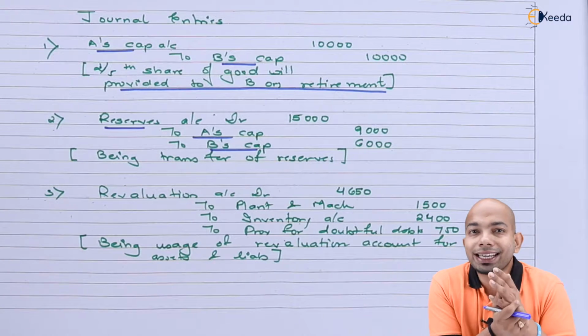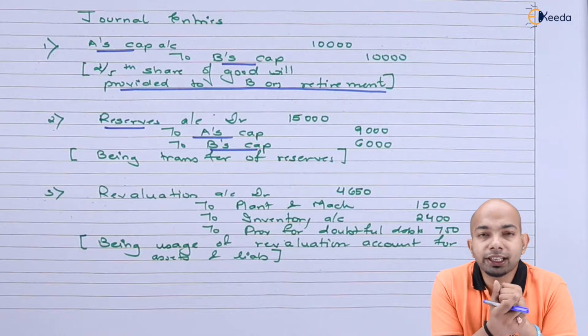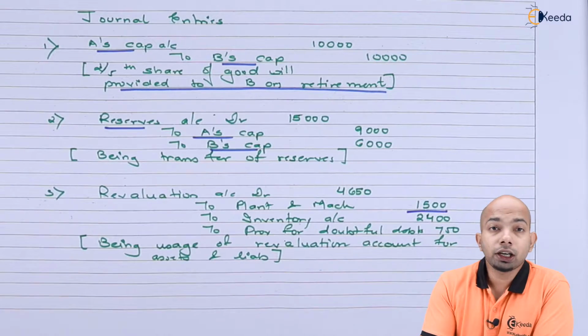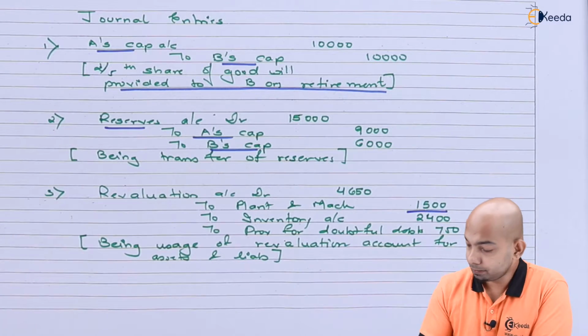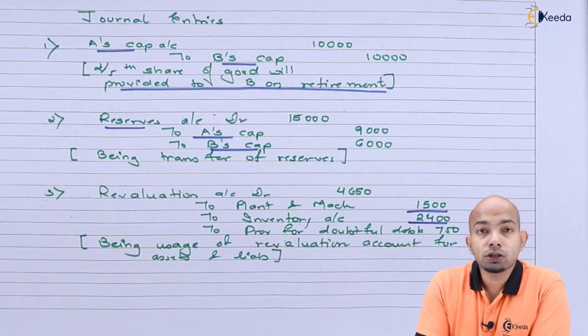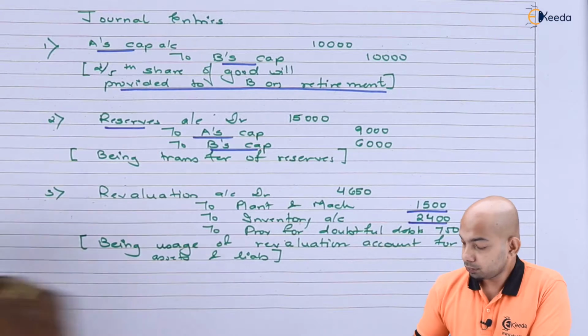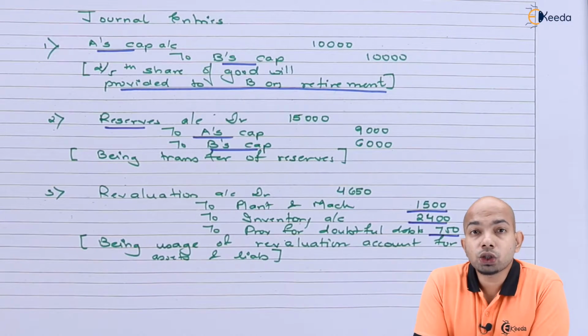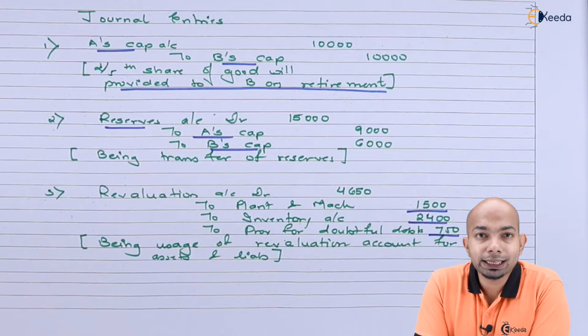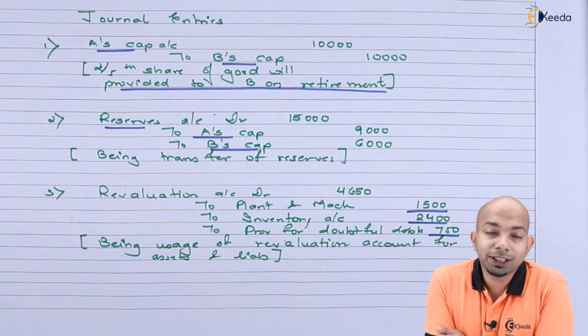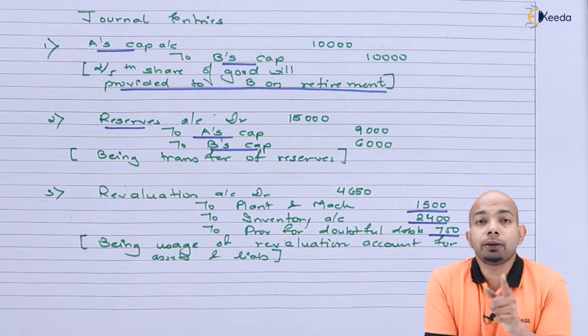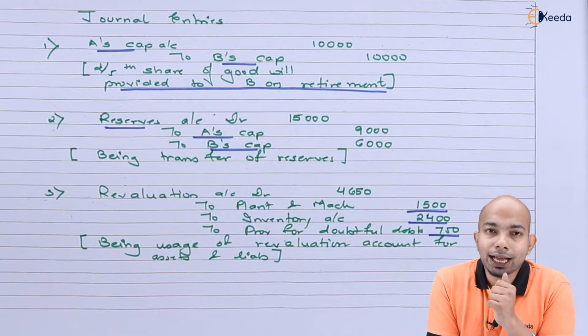All these things have been credited here and the revaluation account has been debited. So this is the amount that has been mentioned here. 1,500 for the depreciation on plant and machinery, 2,000 for the depreciation on inventory, 750 for the provision for doubtful debts that has been created, and the total 4,650 has been debited to the revaluation account, which can also be renamed as profit and loss adjustment account.